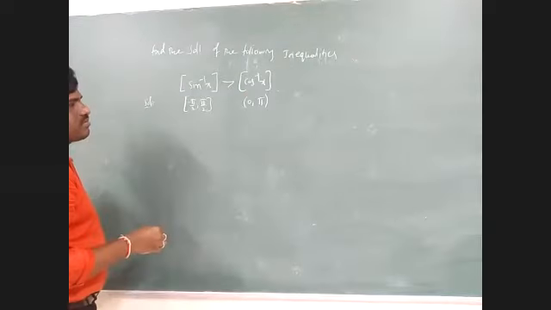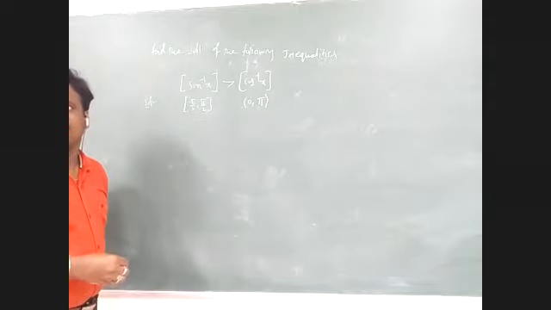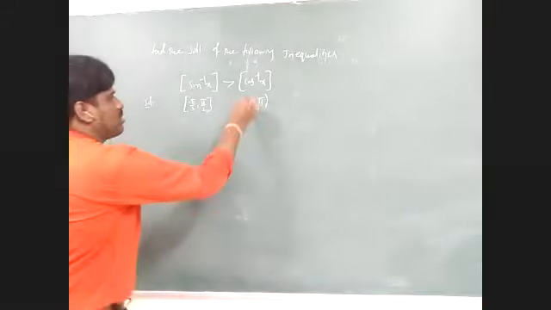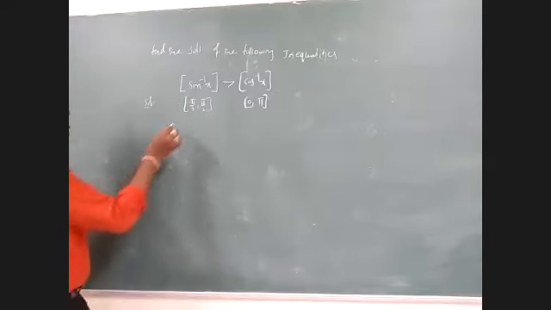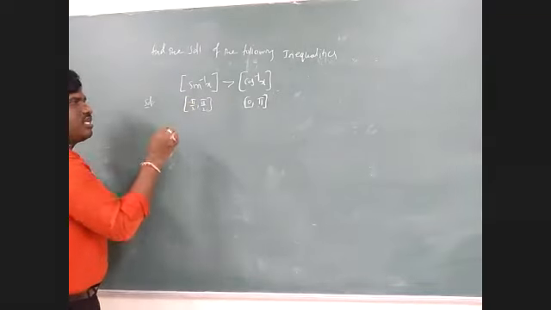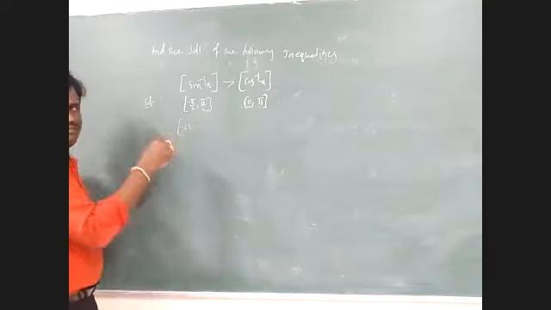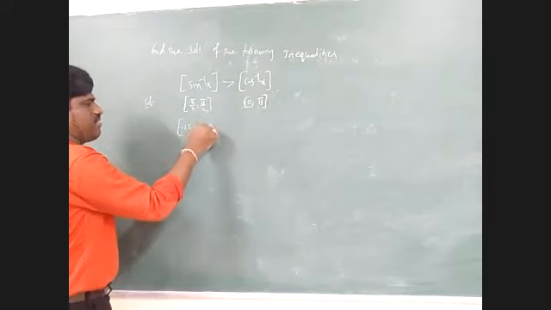Is it open or closed? Closed interval. Yes, both are there. Now pi means 3.14, divided by 2 is nothing but minus 1.57, and this is also plus 1.57.